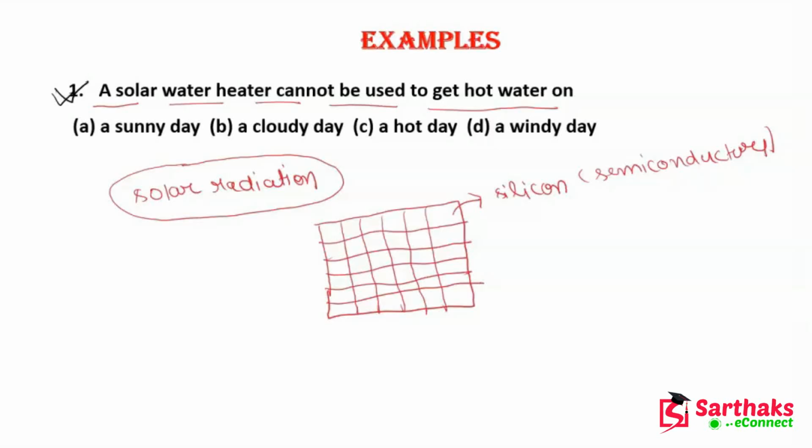But when we increase the temperature, it starts behaving like a conductor, or it starts conducting electricity. So guys, what will happen when the solar radiation is incident on this silicon? The electrons come out from the atoms and the electricity starts to flow.